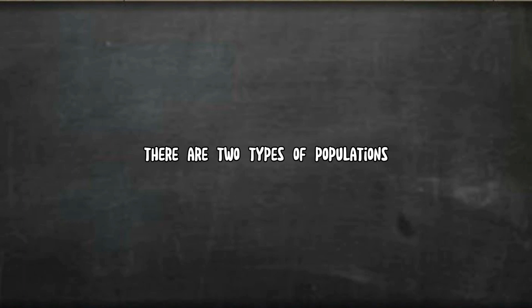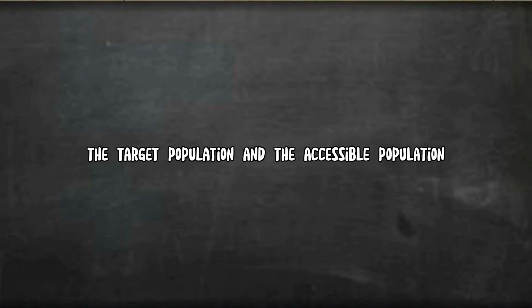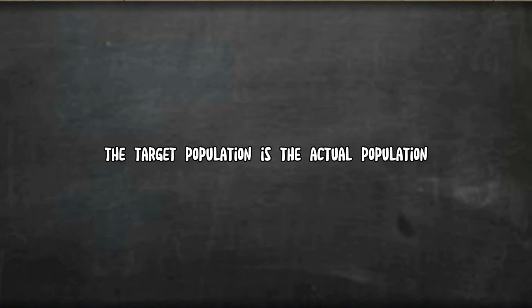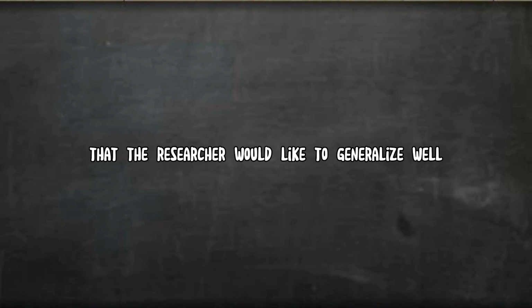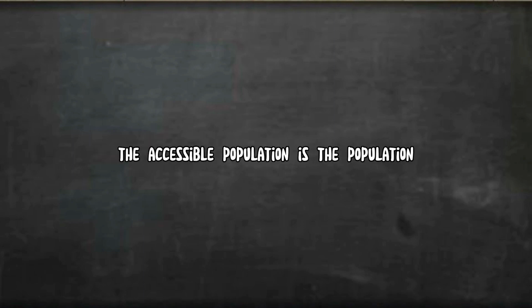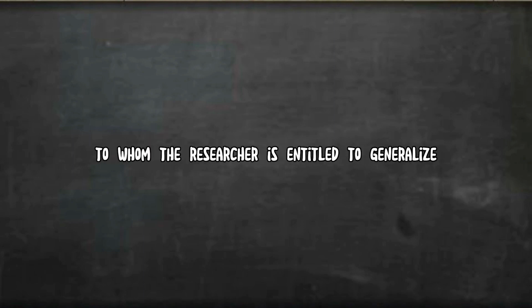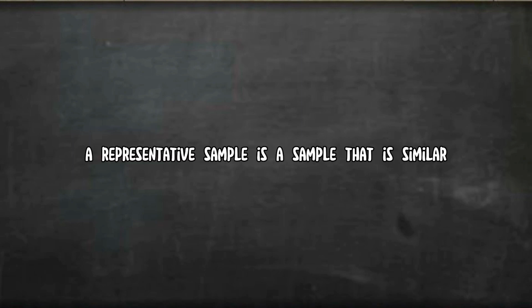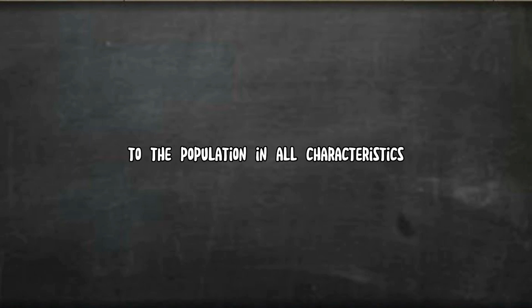There are two types of populations that researchers may focus on: the target population and the accessible population. The target population is the actual population that the researcher would like to generalize, while the accessible population is the population to whom the researcher is entitled to generalize. A representative sample is a sample that is similar to the population in all characteristics.